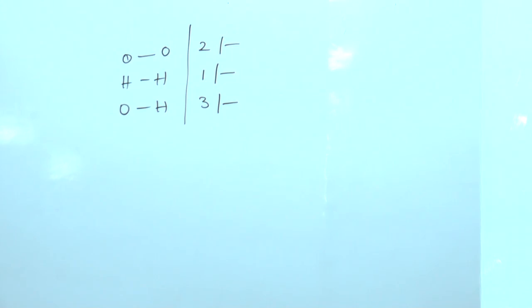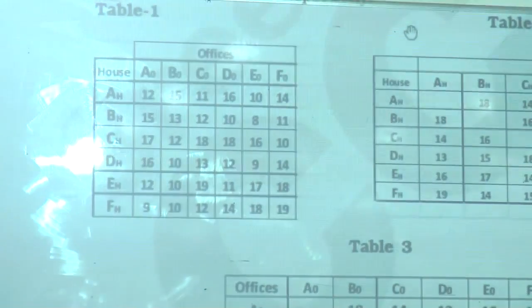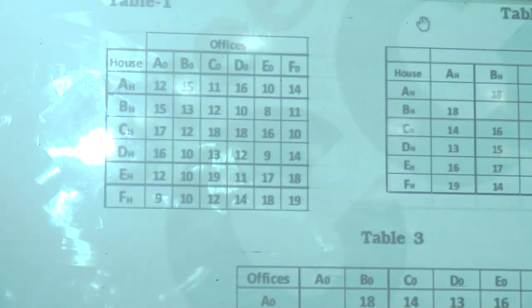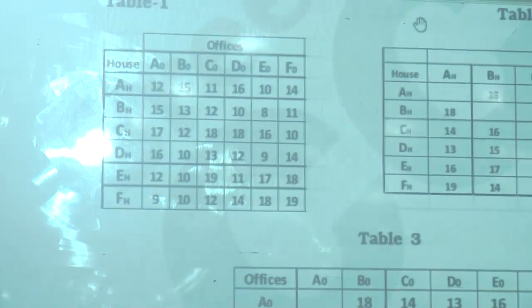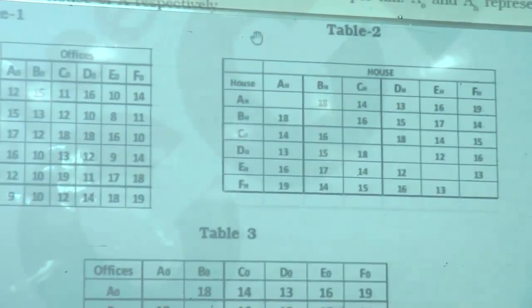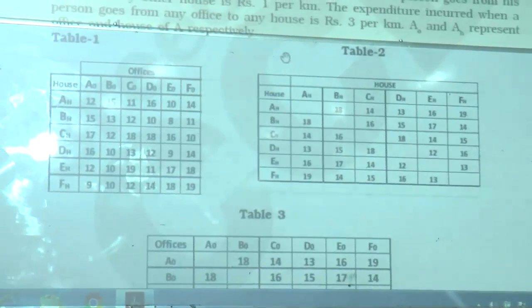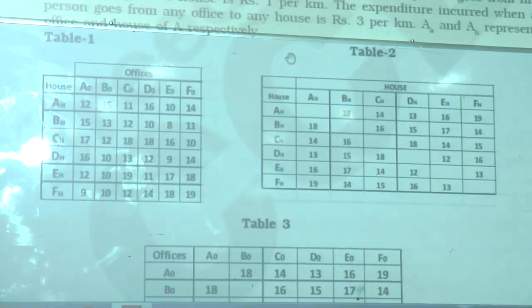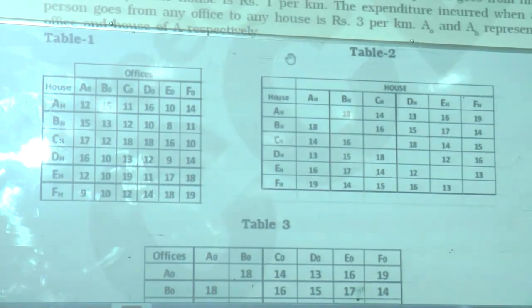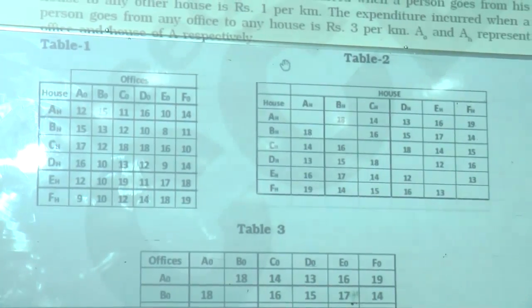Come on. 51. A on his way to his office picks up 3 of his friends. From where? Office. The last person he picks up stays closest to his house. He then drops them at their respective offices, then goes to his office. Find the minimum distance covered by A. Right. First tell me, A started from his house.